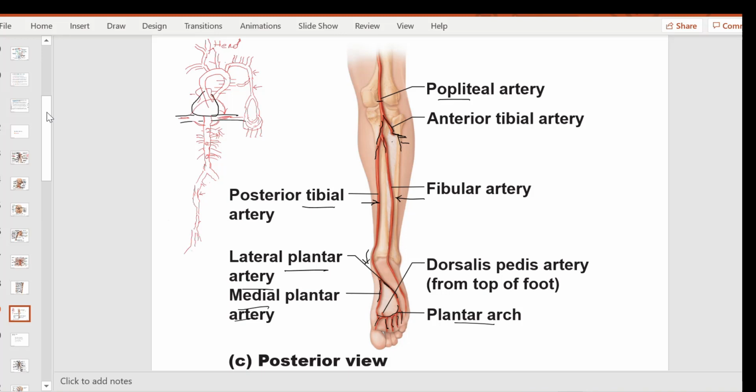Okay, so those are the arteries in the leg. Then subclavian, I talked about that, the upper limb. So that's how the blood supply is through the arterial system in the body.